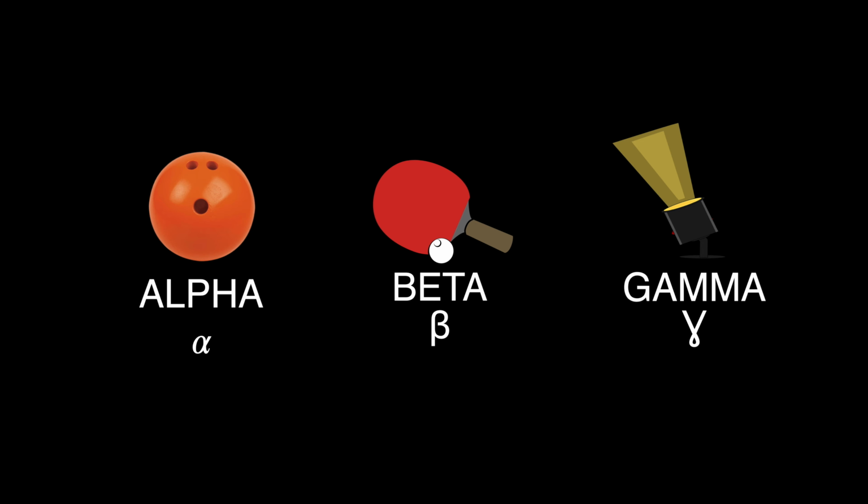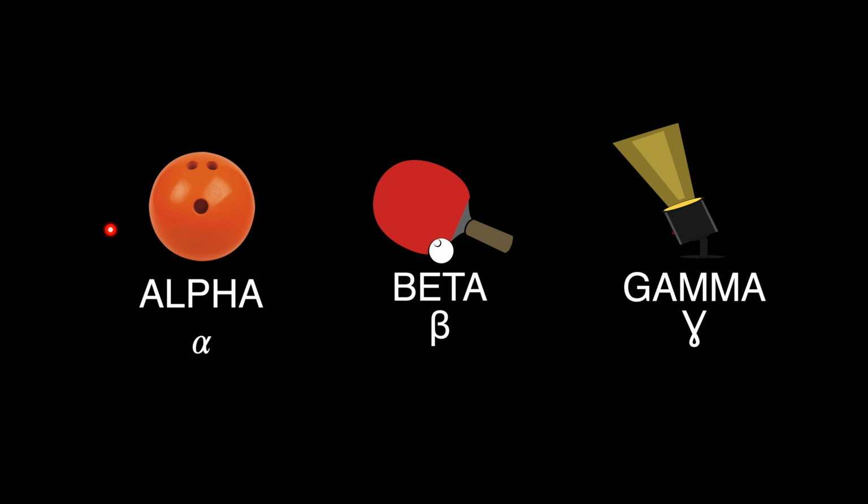Beta particles are like a ping pong ball or a table tennis ball, much lighter, but also much quicker. And gamma radiation is like light. It has no mass and moves at the speed of light of 300 million meters per second.